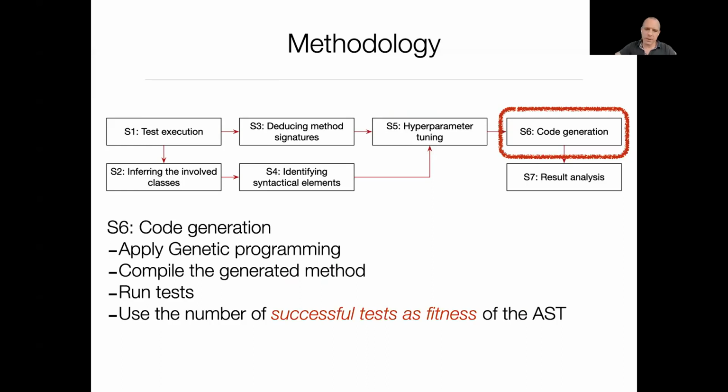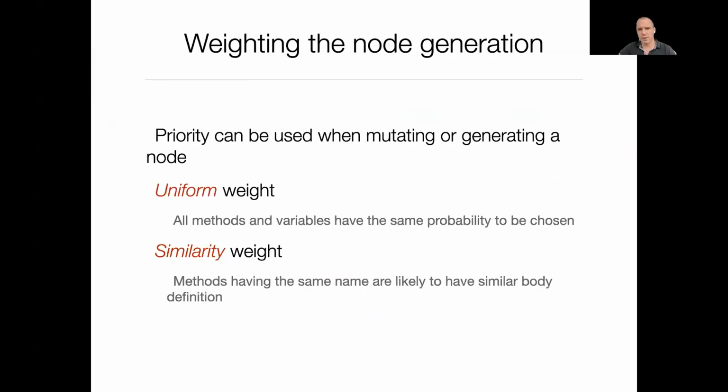So we have two weight mechanisms. The priority of some elements can be employed whenever we want to do a mutation or generation of a node. The first one is uniform, saying that all the methods and all the variables have the same priority to be chosen.